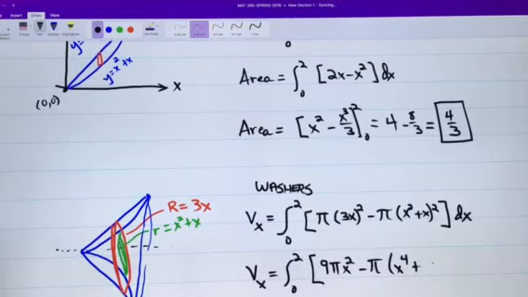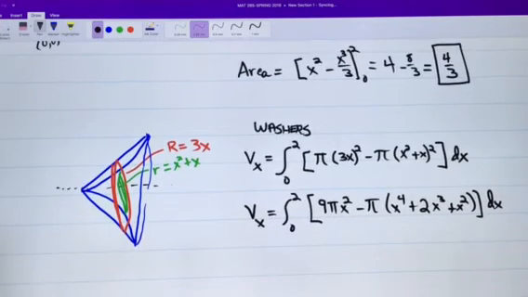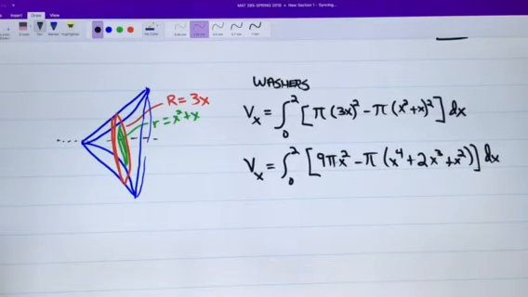And for x squared plus x quantity squared, you have x to the 4th plus 2x cubed plus x squared. If I take the difference between the corresponding terms, we have 9 pi x squared minus pi x squared.